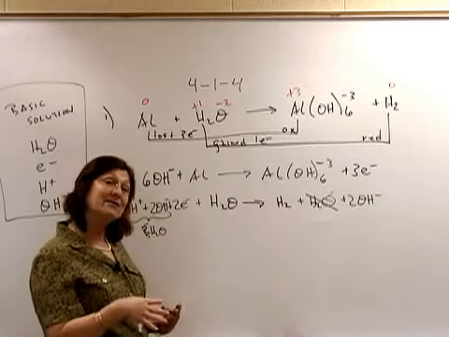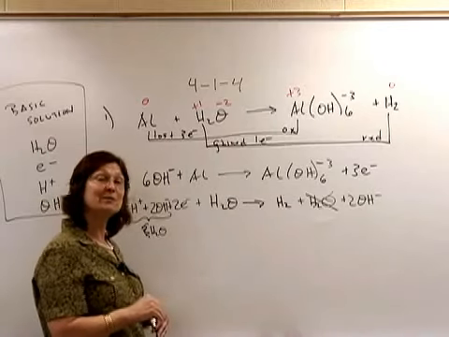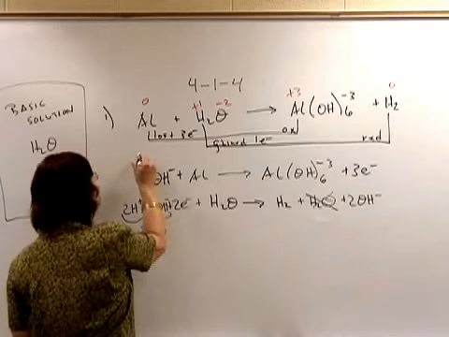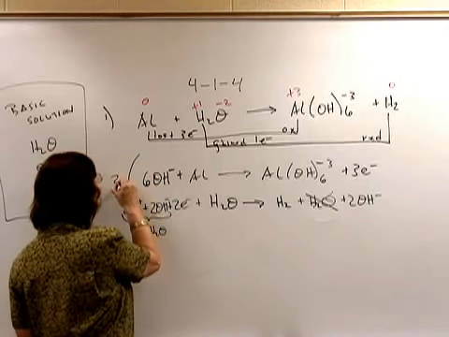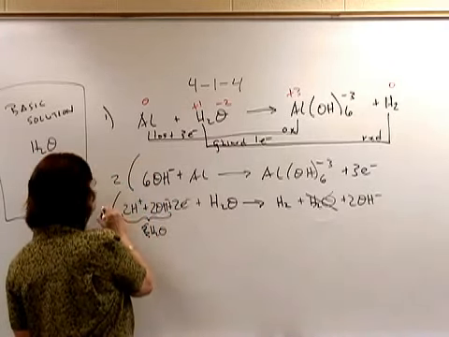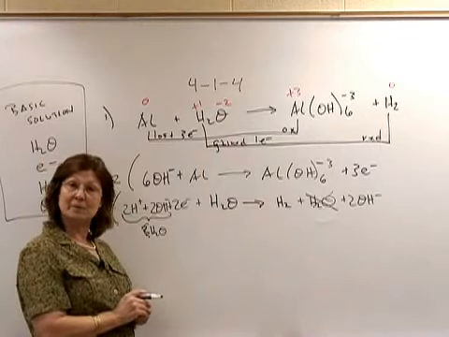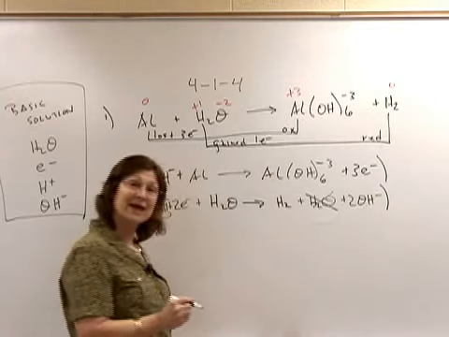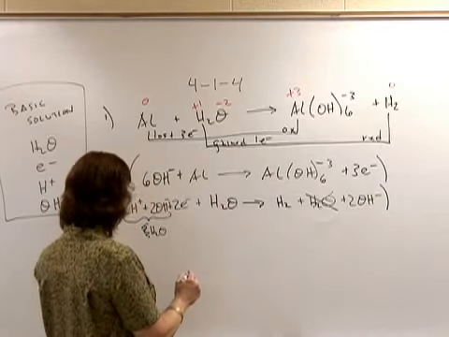Before I can add them back together, I have to have the same number of electrons gained as there are lost. We have transferred electrons. Therefore, the top one I must multiply by 2 and the bottom one by 3, because the lowest common multiple is 6. Now, I'm going to rewrite them again with the multiplication.